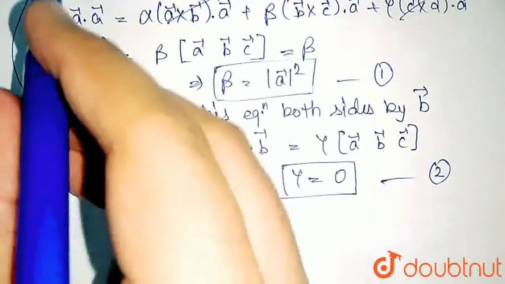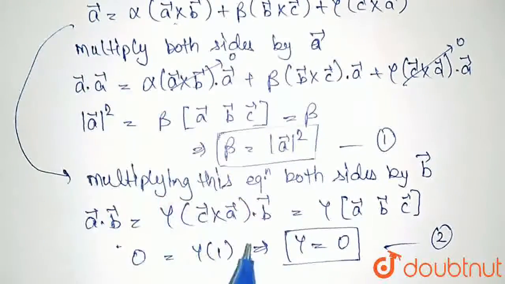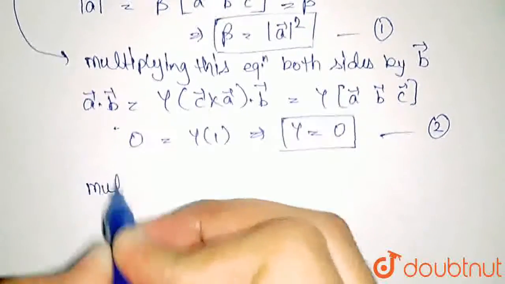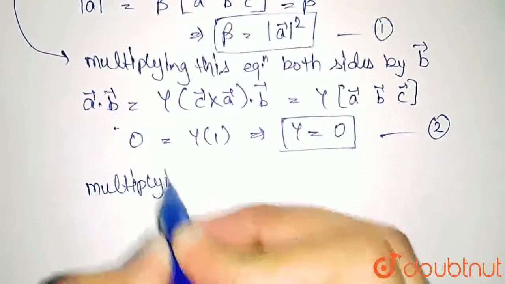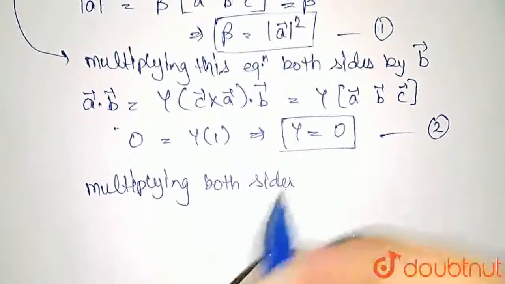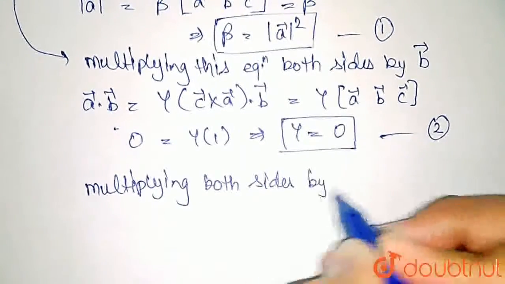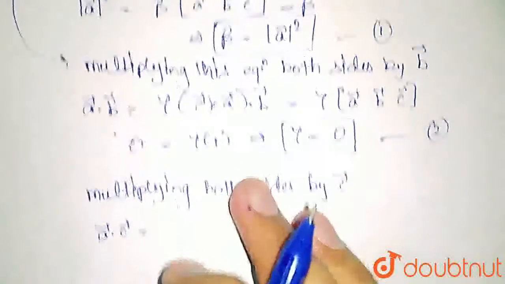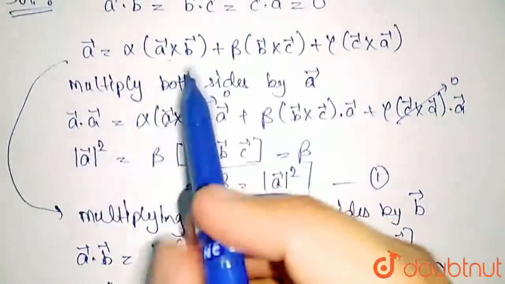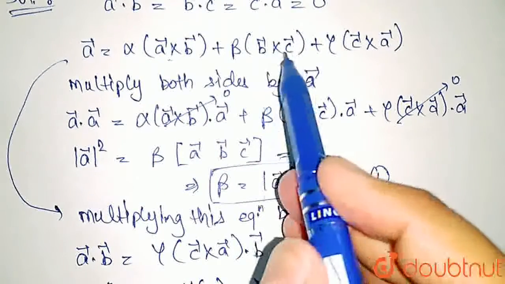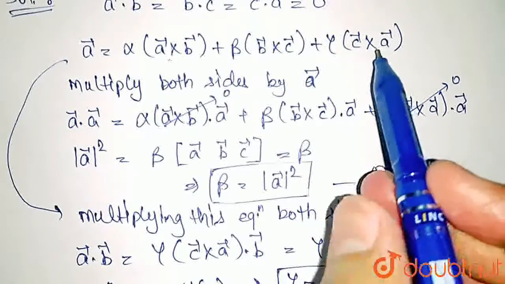Now again multiplying this equation by C vector, multiplying both sides by C vector, we will get A dot C in the LHS, and in the RHS what we will get, this expression will remain. This expression will turn out to be 0 because B cross C dot C is 0 and C cross A dot C is also 0.